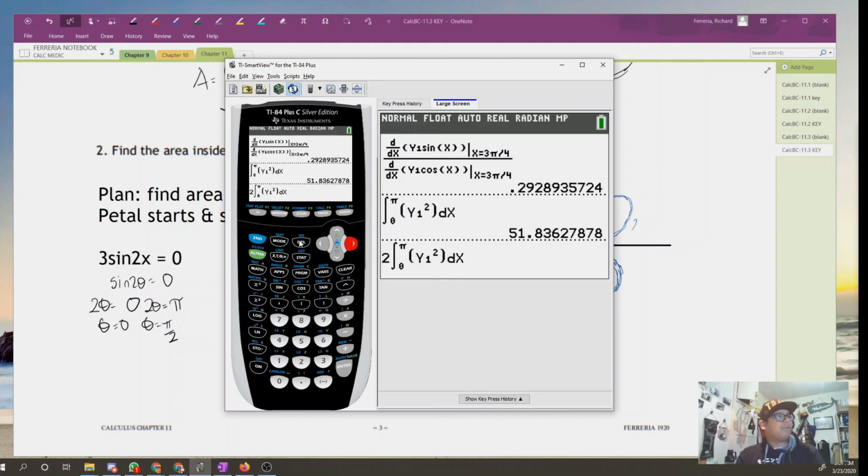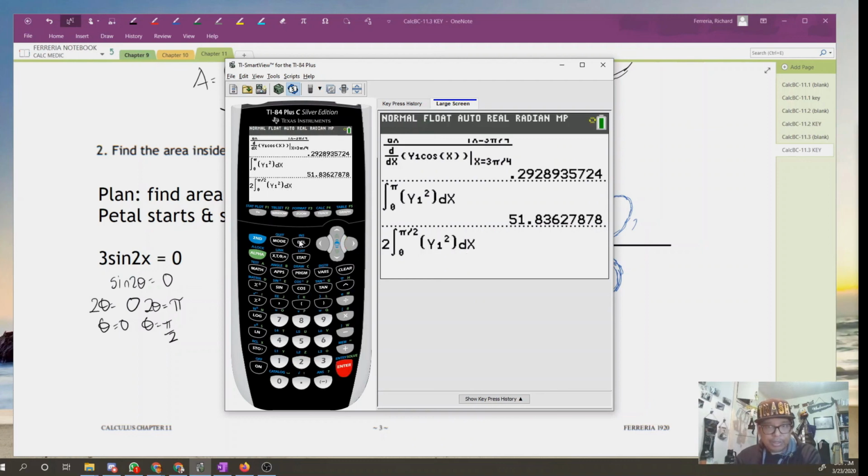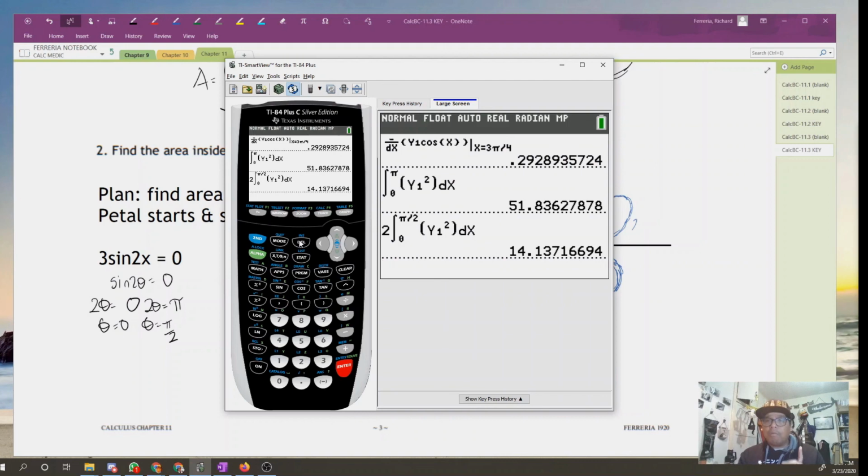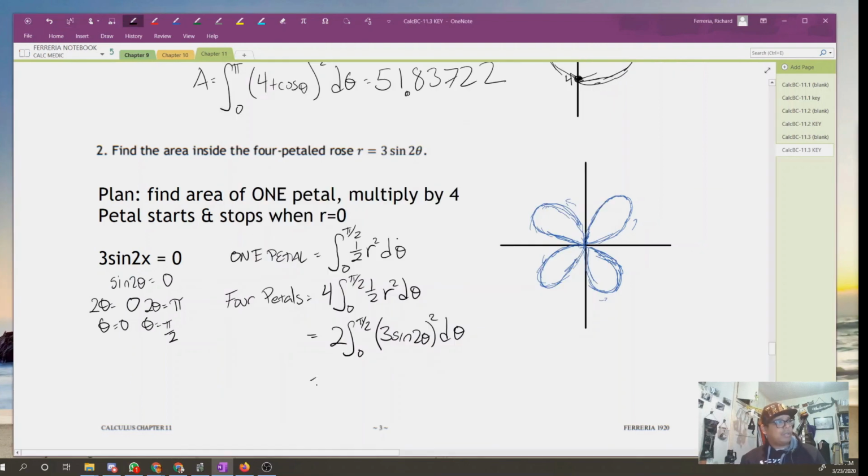Two times the integral from 0 to pi over 2, right? And push enter, and this is the area of all 4 petals. 14.1371.